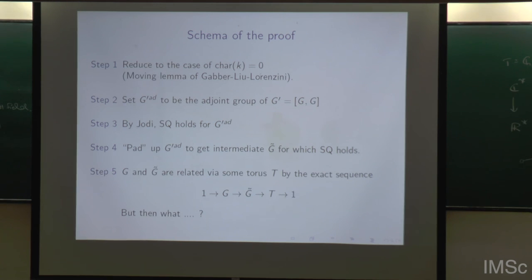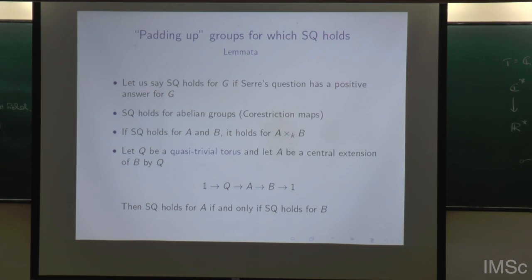So that is the exact sequence. So maybe the previous one. Here. Right. So if Serre's question holds for A, I think we should be able to get it for solvable. Maybe just these ones. I will double check and get back to you if I'm missing something, but that might be true.